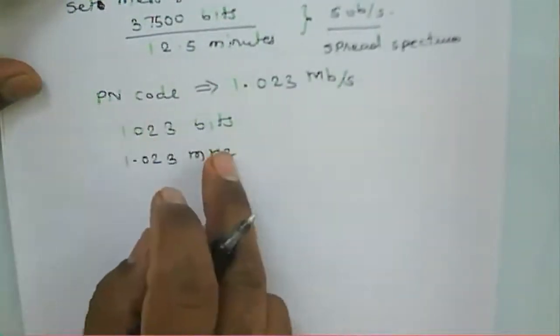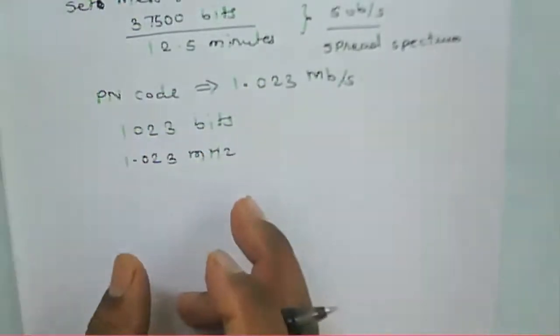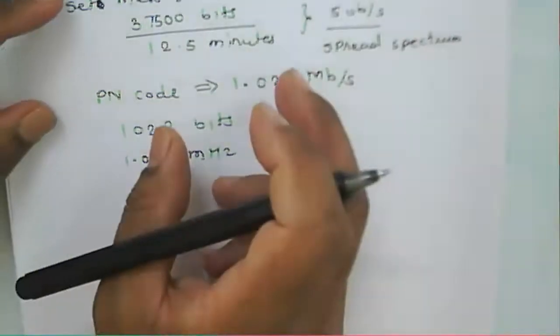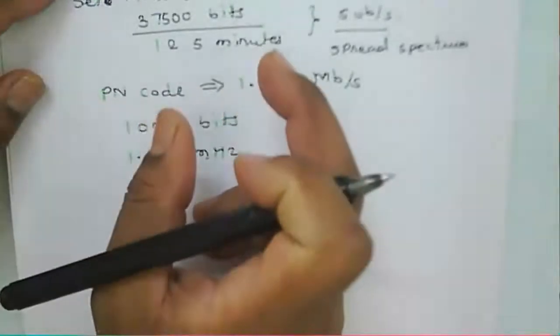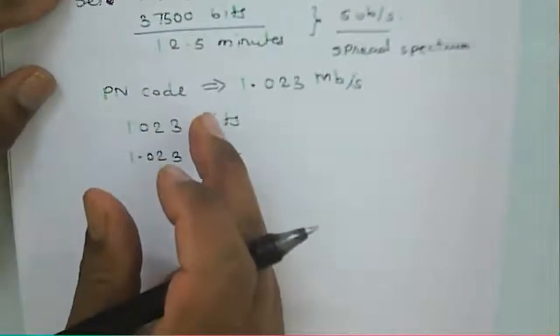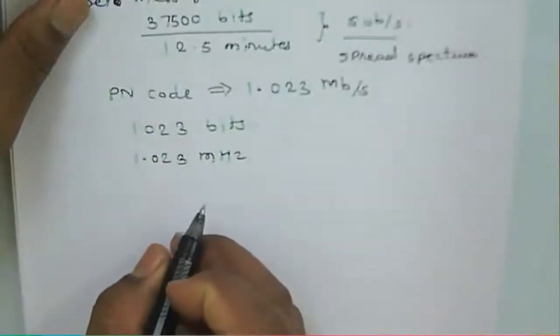Whatever code is sent, that code repeats at a 1 millisecond period. That PN code sent by the satellite is called the signature code for the satellite, and that code is different for each satellite.